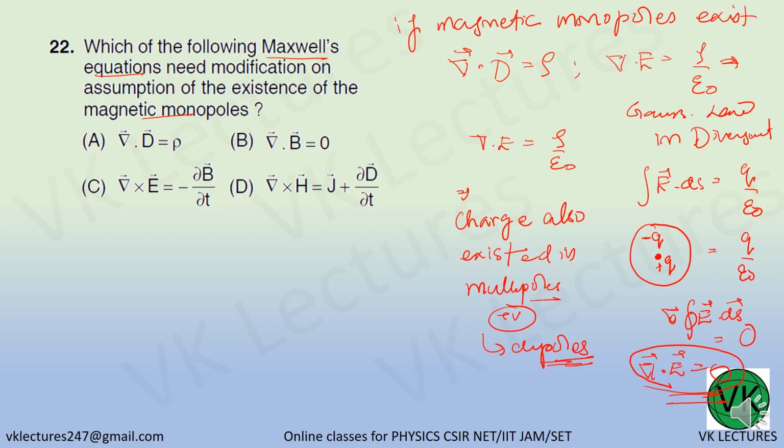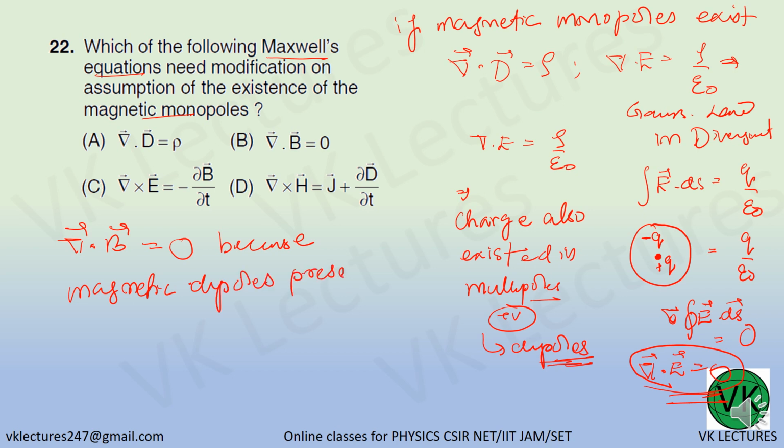Likewise, del dot B is equal to 0 because magnetic dipoles are present.